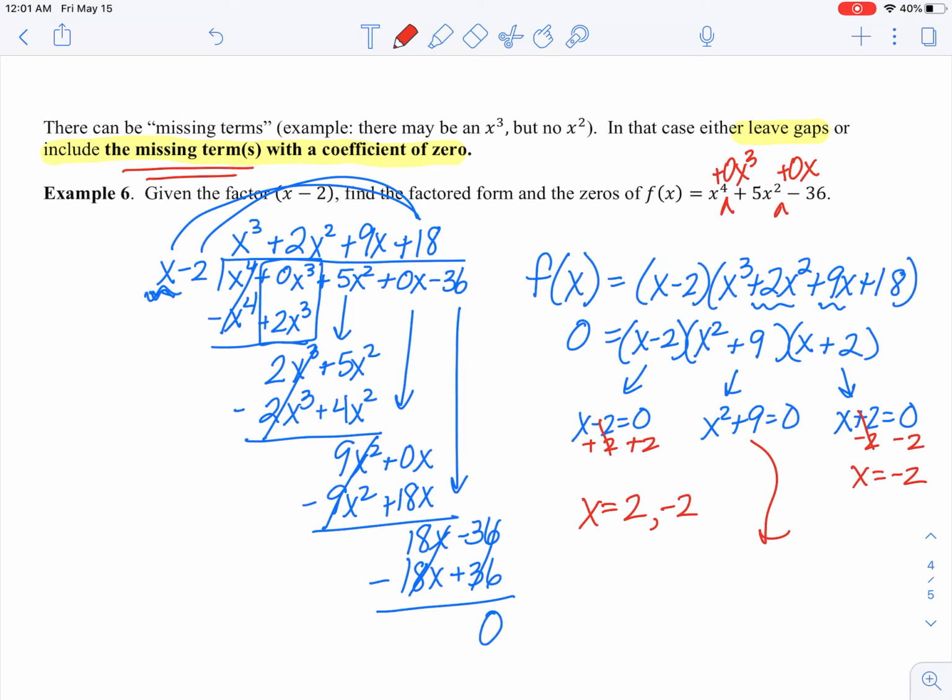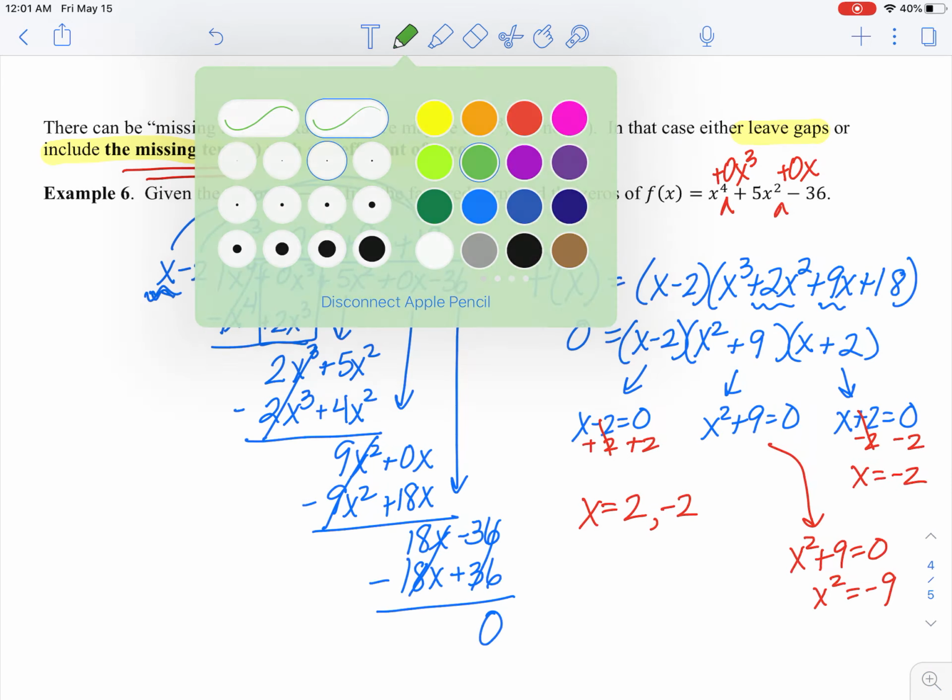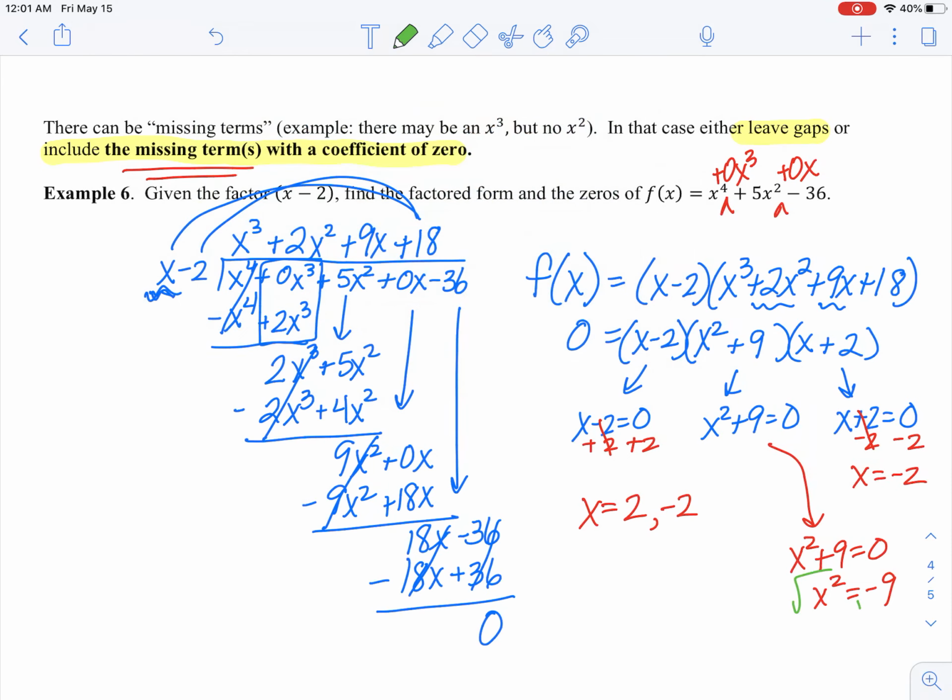This one, let's see if I can give myself a little bit more room. X squared plus 9 equals 0. I'm going to subtract the 9 over, so I get x squared equals negative 9. And then I would take the square root to solve. When I take the square root, I have to put positive and negative, and then I have a square root of a negative.